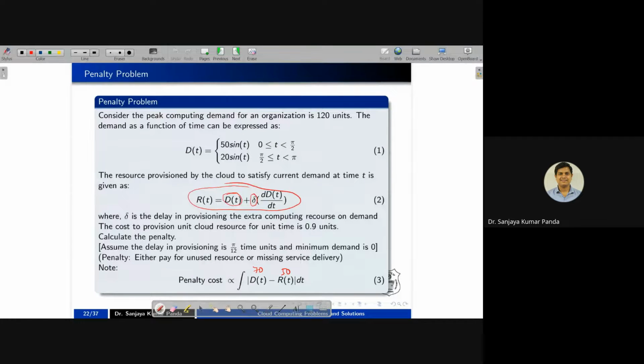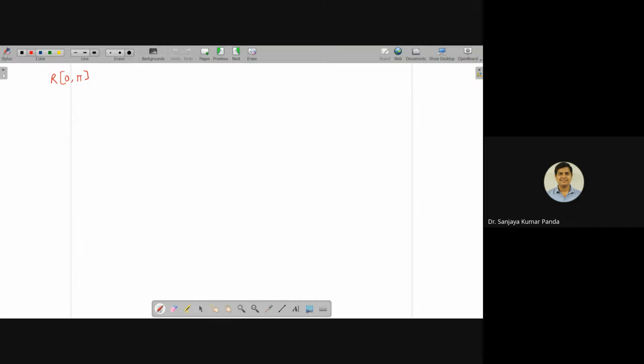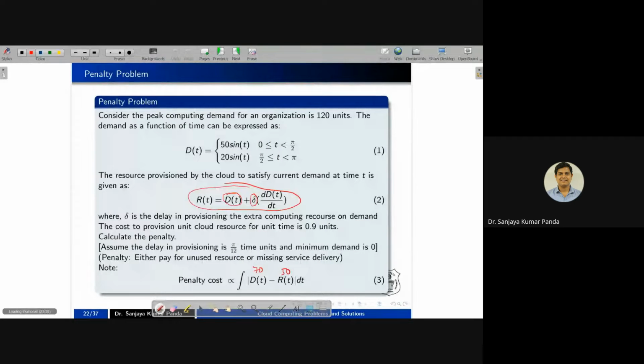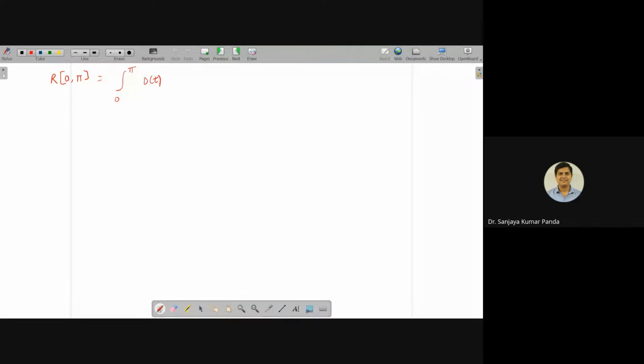So for this particular resource provisioning function, it is the integral from 0 to pi of D(t) plus delta times d(D(t))/dt.